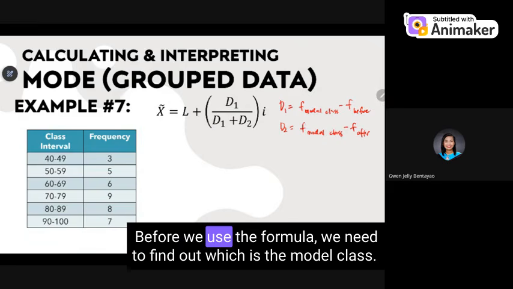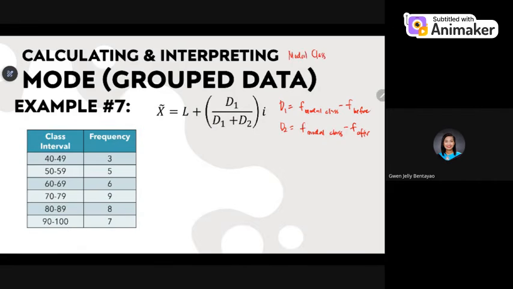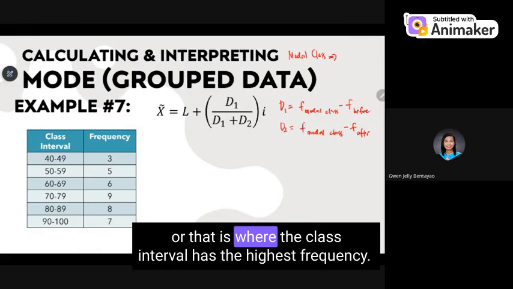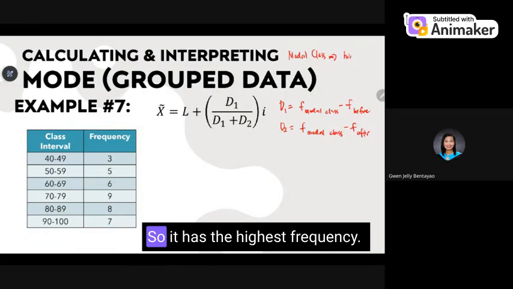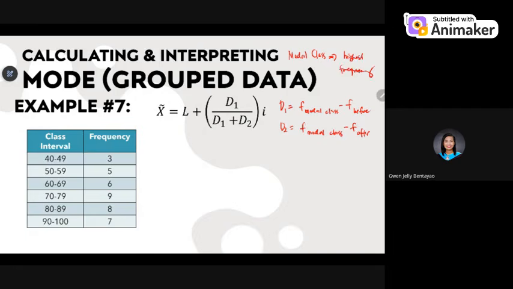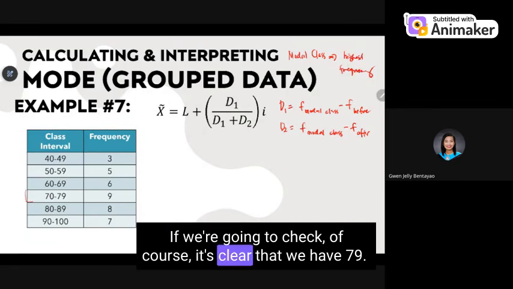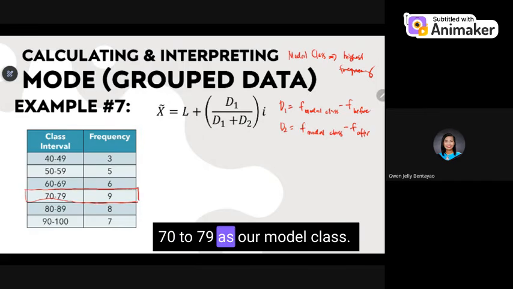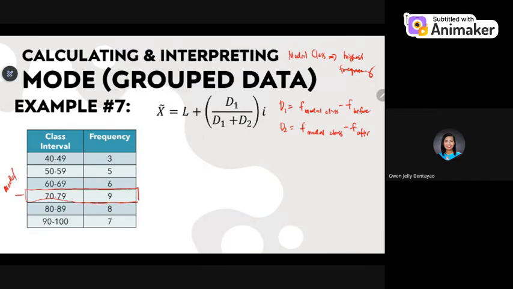Before we use the formula, we need to find out which is the modal class. The modal class is where the scores are highest, or where the class interval has the highest frequency. If we check, it's clear that we have 70 to 79 as our modal class.